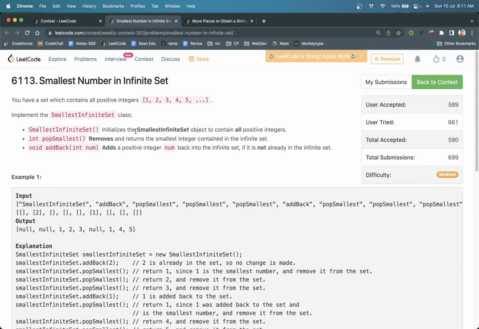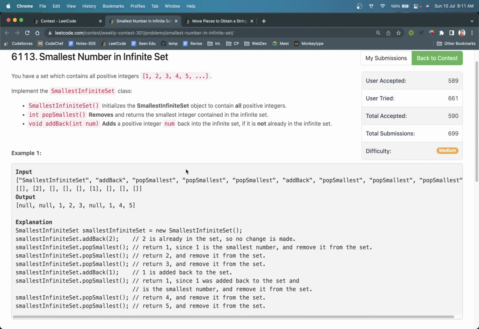The pop smallest method removes and returns the smallest integer contained in the infinite set. The add back num method adds a positive number num back into the infinite set if it's not already in the infinite set.